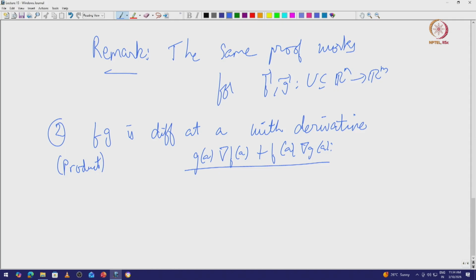Now note that stating this rule for vector valued functions is going to be slightly more painful using matrices, right? Because this of course makes sense for each component, but if you look at them as vectors, then it is best indeed to look at each component and apply this rather than stating a more general rule. Okay, but this is sort of an exceptional situation.